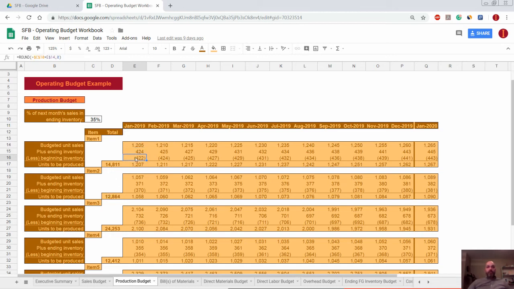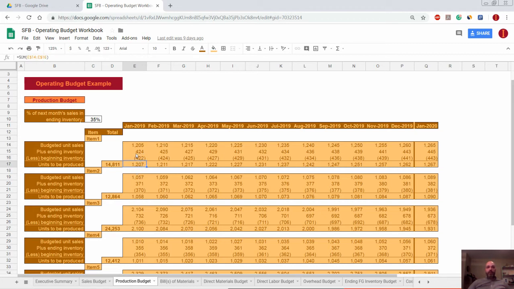So we're going to start the month with 422 units, okay? We plan to sell 1,205, and we want to end the month with 424, okay? So we take these two, what we plan to sell plus what we want to end the month with, but then we take out what's already made, and that leaves us with what we need to produce.